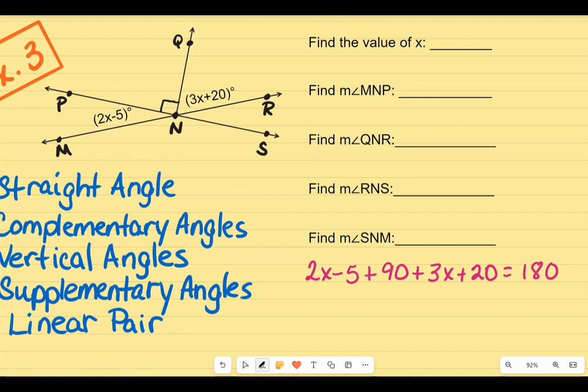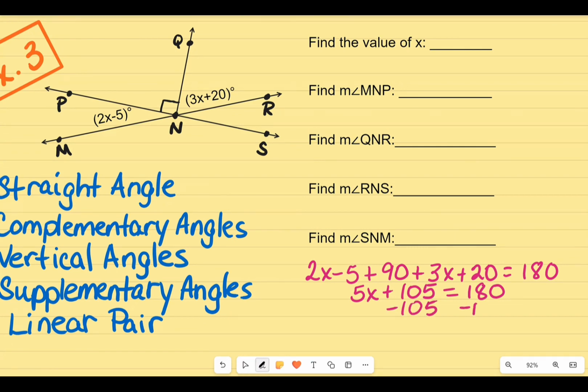Combining my like terms, I have 2x and 3x, which results in 5x. And then I have negative 5 plus 90, which is 85, plus 20, for a total of positive 105. And again, this is all set equal to 180. Now to get x by itself, I have to start removing things.